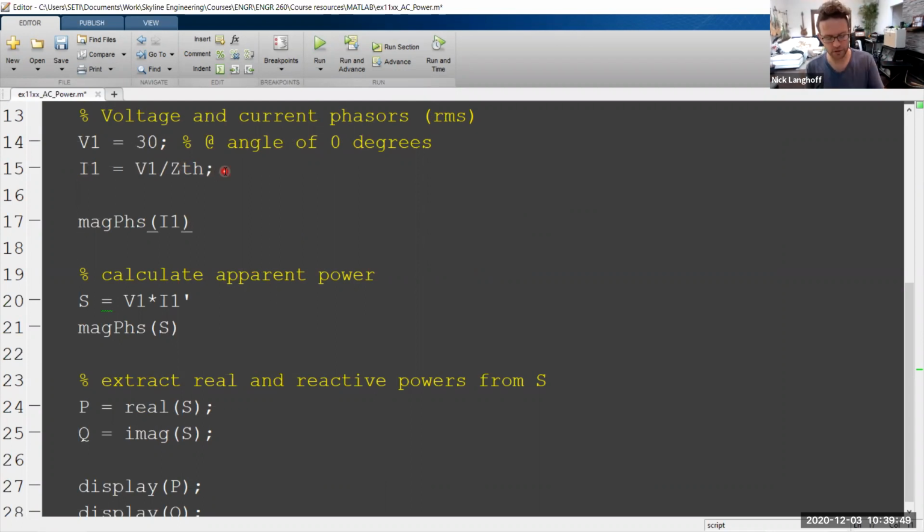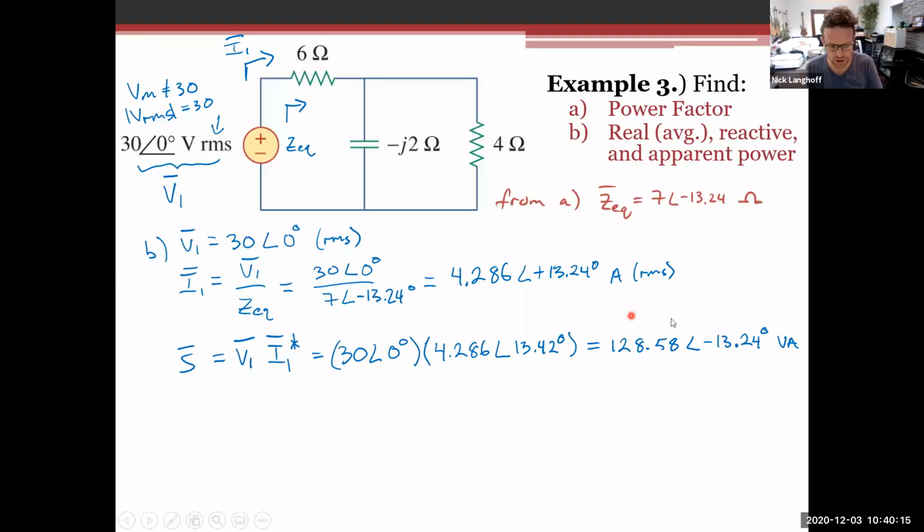Then I just displayed it in mag phase. I calculated the apparent power. So the complex power S is V1 times the complex conjugate of I1. And in MATLAB, if you have a complex number and you put the prime or the apostrophe after it, it'll give you the complex conjugate. Then we show that value in magnitude and phase form, which will give us the value that we just got here, 128.58 at that minus 13 degree phase.